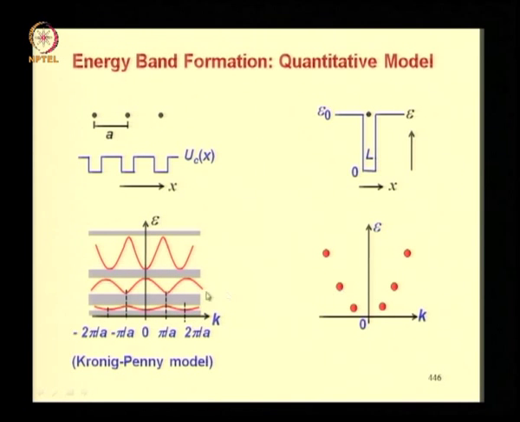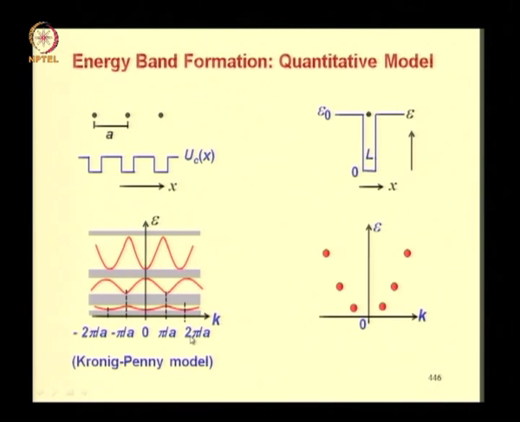Here it is a point. Here the E-k relation is periodic with a period equal to 2 pi by a. And third, for every value of k you have many values of energy. So the E-k relation is a multi-valued function of k, whereas here for any given value of k you have only one energy.